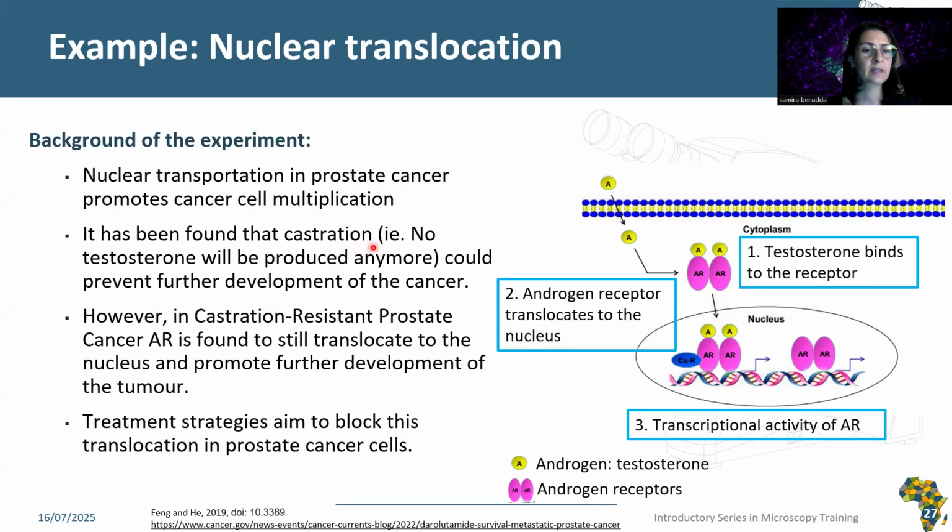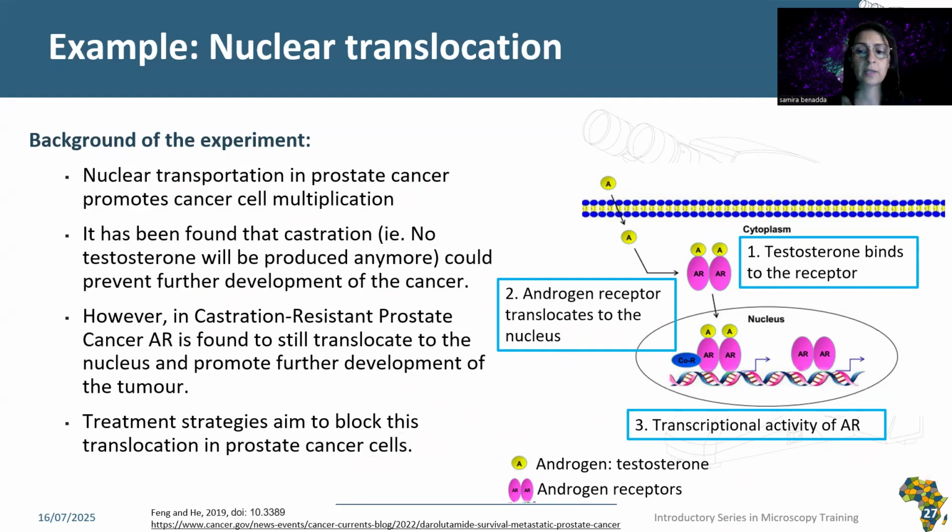It has been found that castration could prevent further development of the cancer. However, in castration-resistant prostate cancer, the androgen receptor is found to still translocate to the nucleus and promote further development of the tumor. So we need a treatment strategy aimed to block this translocation in prostate cancer.